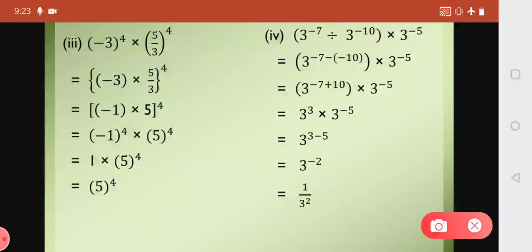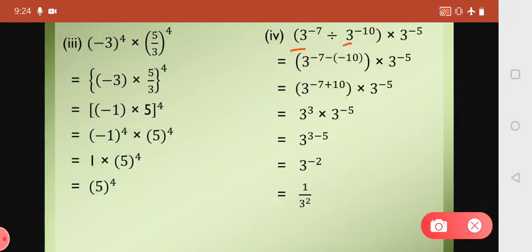It is the rule that whenever a bracket is given, first we have to solve the bracket. You can see in the bracket that the base 3 is the same and powers are different, and there is division between both the exponential forms. So we will apply the law of division, that is, the law of division states that you have to subtract the powers.